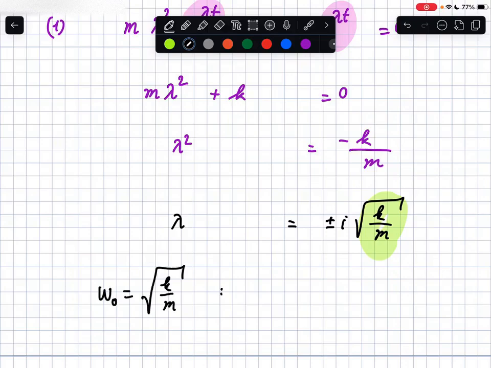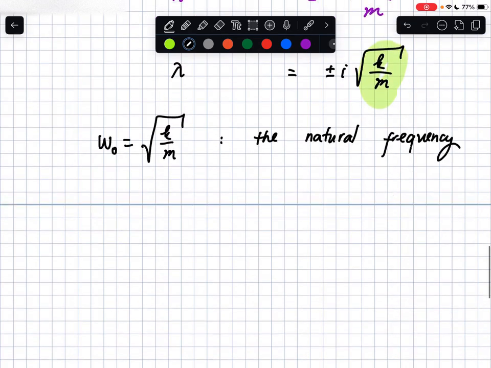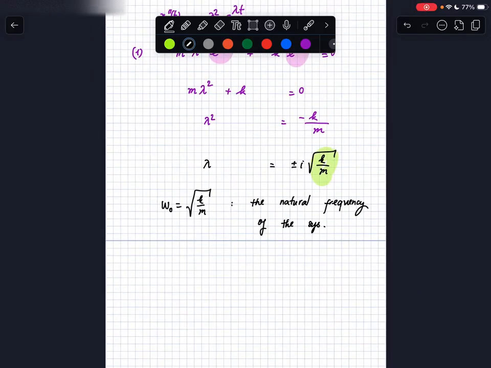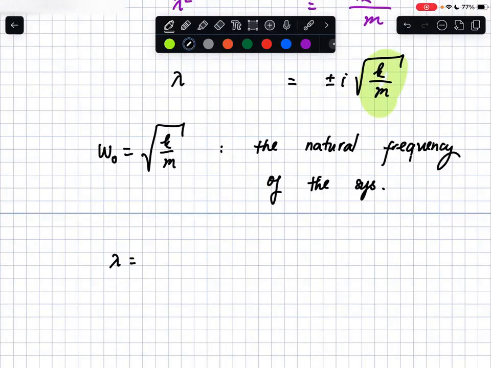This is the natural frequency of the system. So the system has a natural frequency, and we have lambda is plus minus i omega naught.